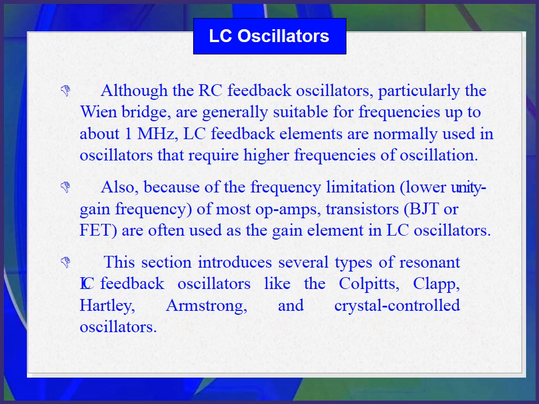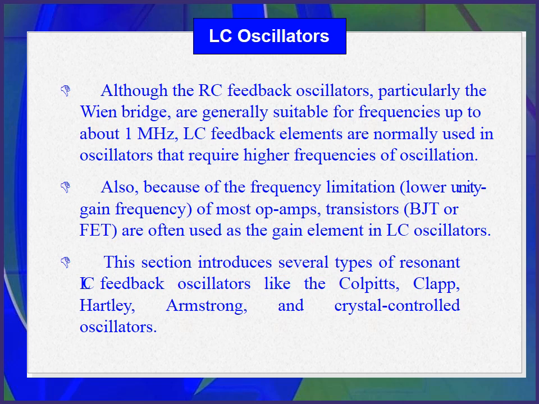Next we are going to see the LC oscillators. Although the RC feedback oscillators, particularly the Wien bridge, are generally suitable for frequencies up to about 1 MHz, LC feedback elements are normally used in oscillators that require high frequency of oscillations.